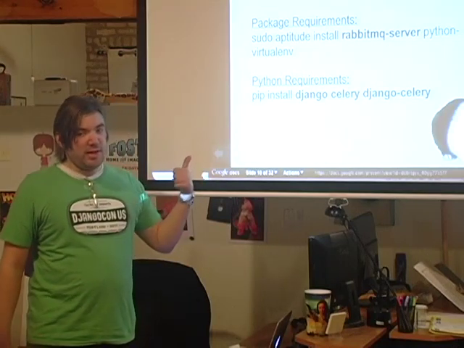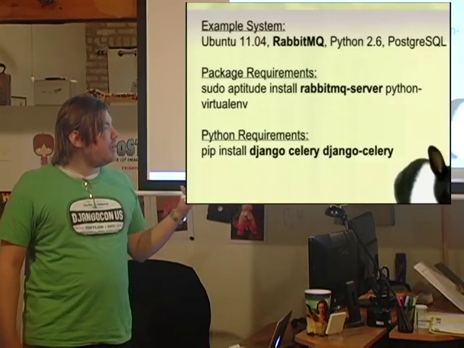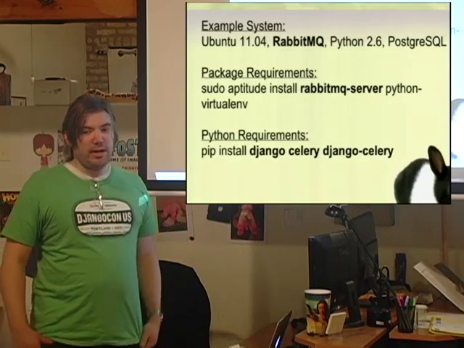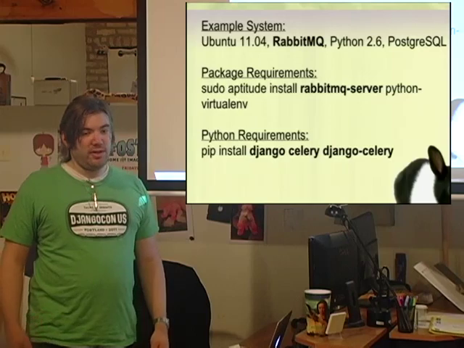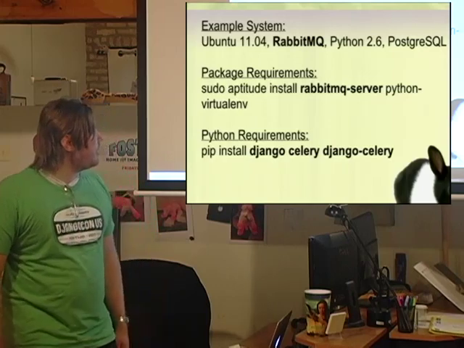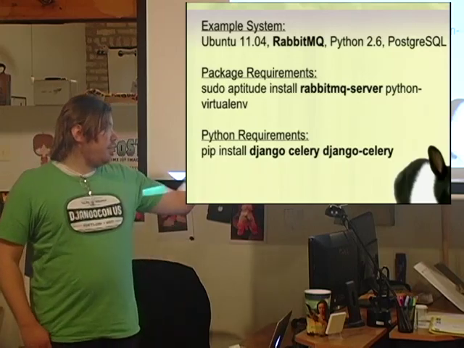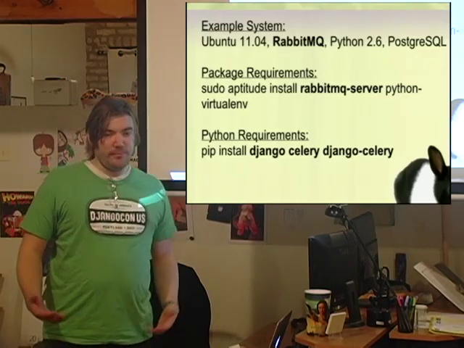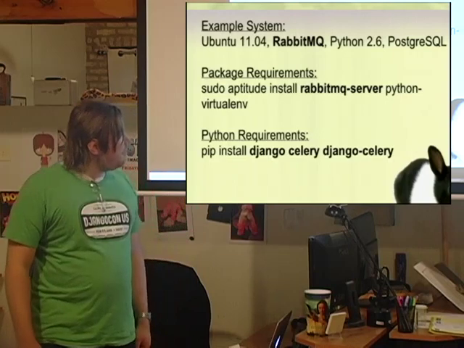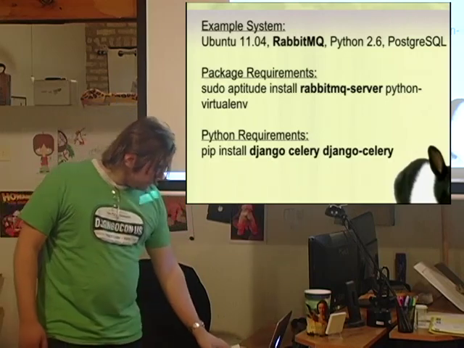And also, something that's not on here is you need a C compiler, like GCC, to compile the Celery package or the Celery Python package. And then the Python requirements is Django, Django-celery, and Celery. So it's pretty easy to set up there.